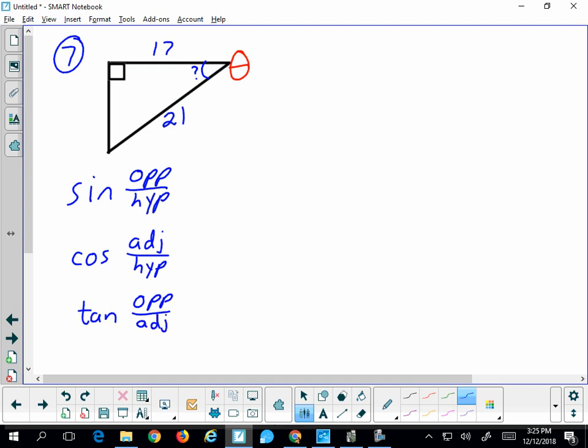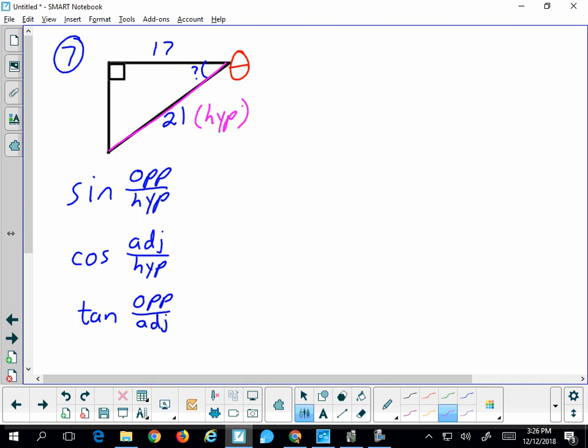Anytime we're using a trig function in a problem, the first thing we have to do is identify our sides, right? So I generally start with the hypotenuse, so I identify that one first, because for me that's the easiest one to locate. It's always the longest side.